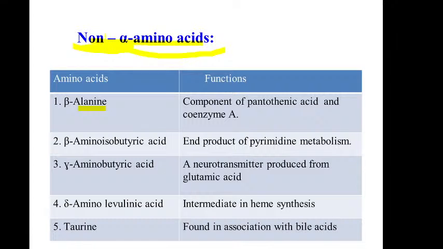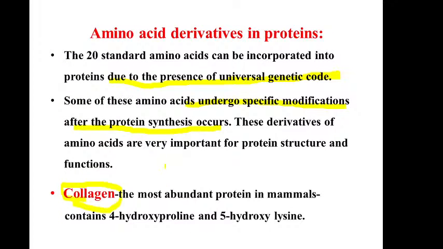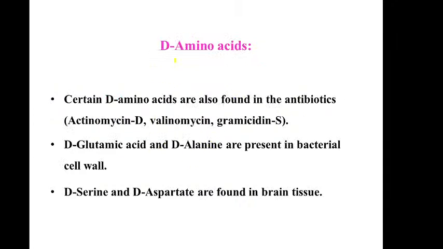So these are non-alpha amino acids, that means alpha is absent; rather we have beta or delta. They are components of pantothenic acid and coenzyme A, so they have their own functional activity. You have to keep in mind all these amino acids, which may be proteinaceous or non-proteinaceous in nature.